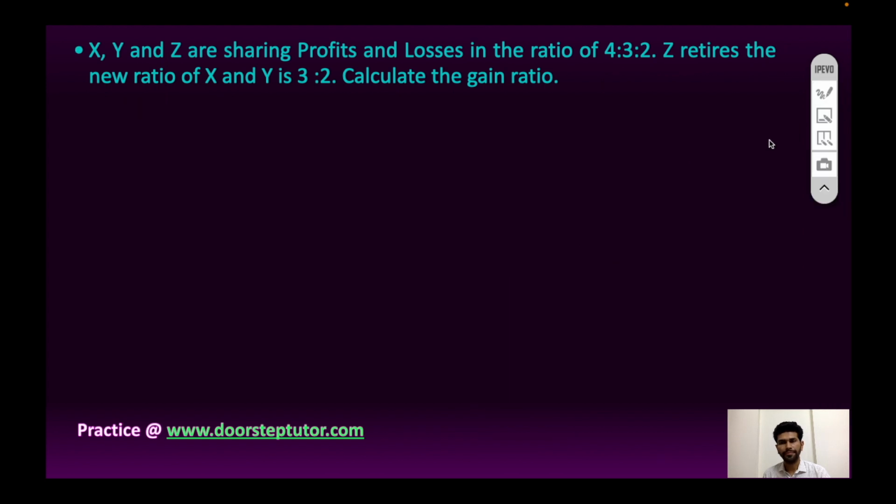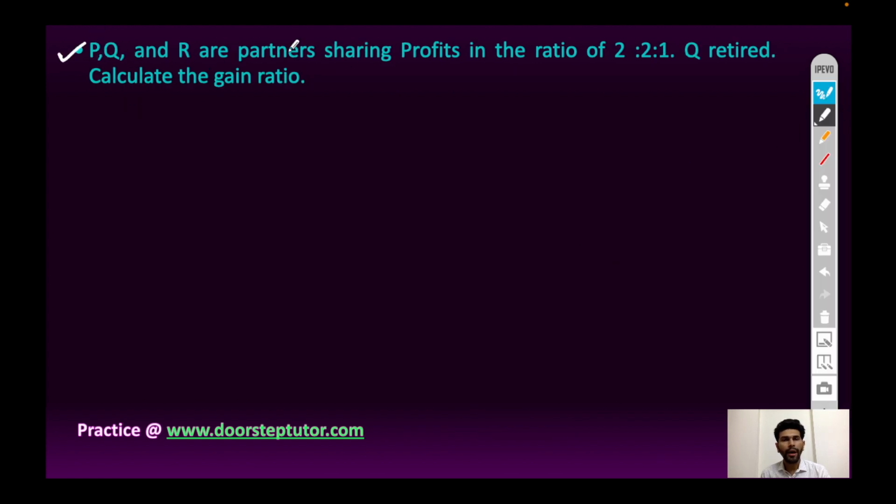Next, P, Q and R are partners sharing profits in the ratio 2:2:1. P, Q and R are old partners sharing profit and loss in the ratio 2:2:1. Mr. Q retired, so new partners will be P and R. Calculate gain ratio.